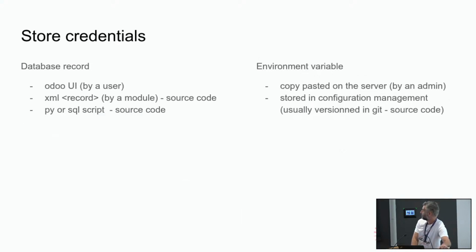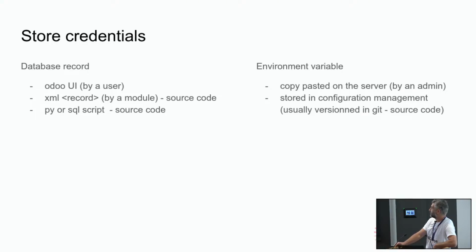Then, credentials can be inside the database record. It can be set through the front end or as an XML file by a module, so it's in the source code, or you can inject it with some SQL script or something else you run on the server.